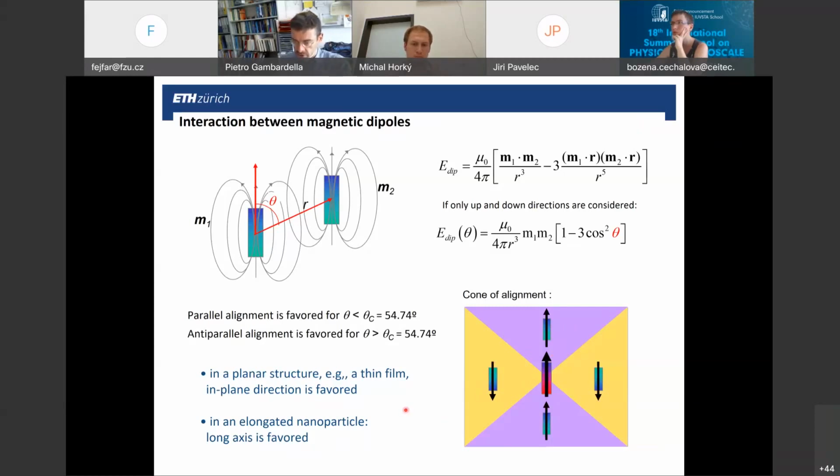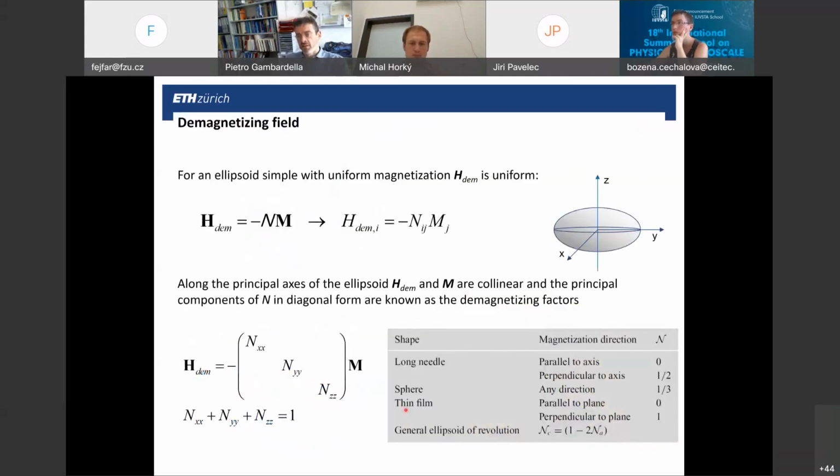So these dipolar interactions, also called magnetostatic interactions, are very important to determine essentially the so-called demagnetizing field, which is the field that a magnet exerts on itself due to these dipolar interactions. This demagnetizing field favors, for example, the orientation of the magnetization along the long axis of an ellipsoid or along the plane of a thin film.